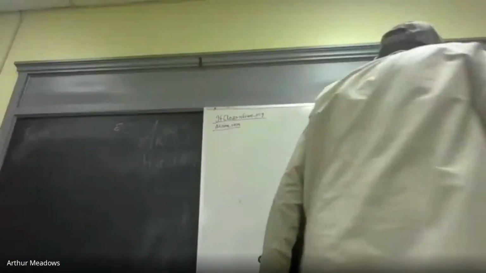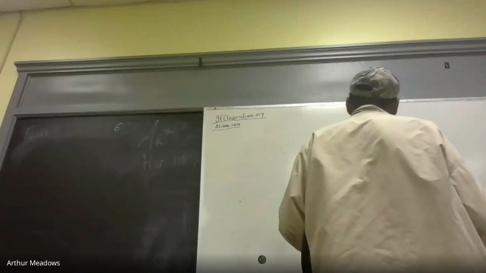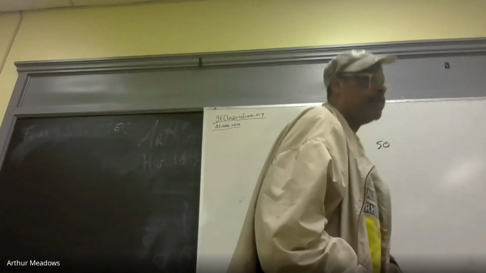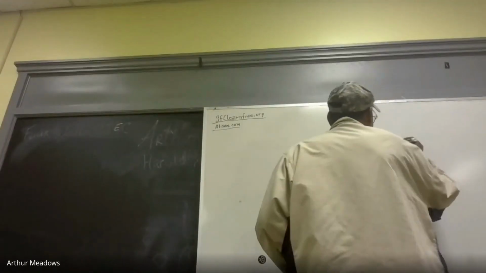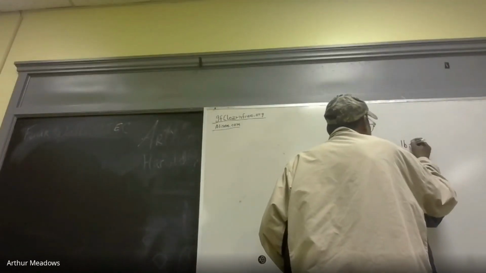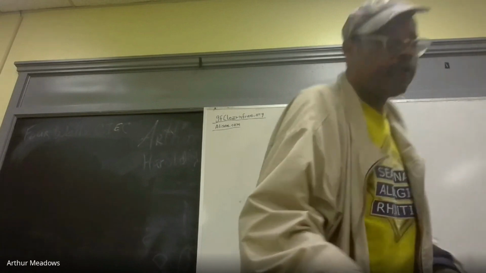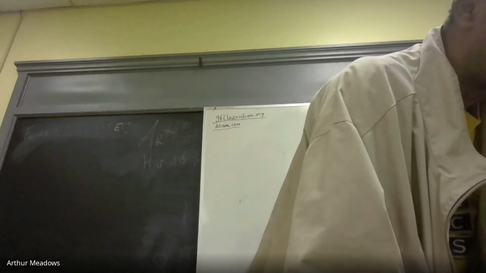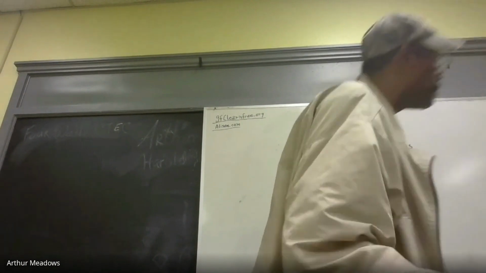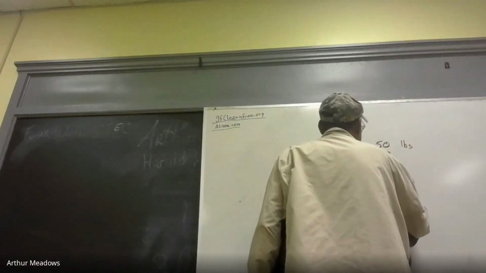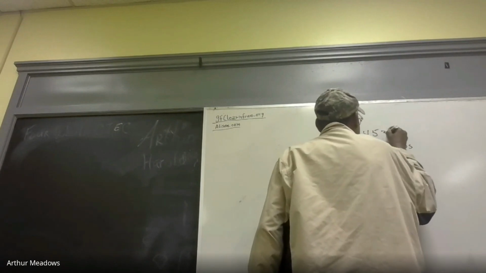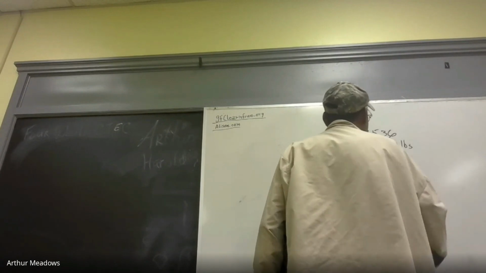So 1 pound, so you got 50 pounds, and you got the conversion to kilogram is 0.4536. That's the way I would do it.